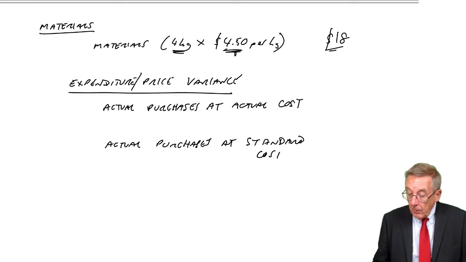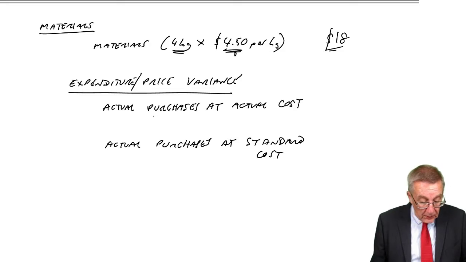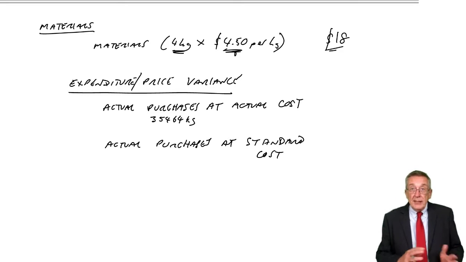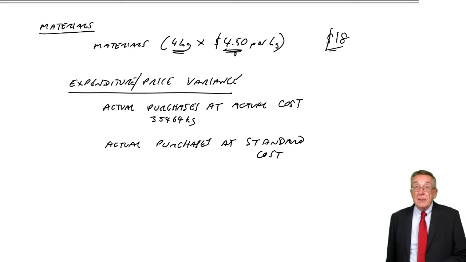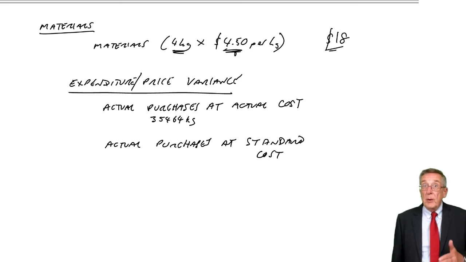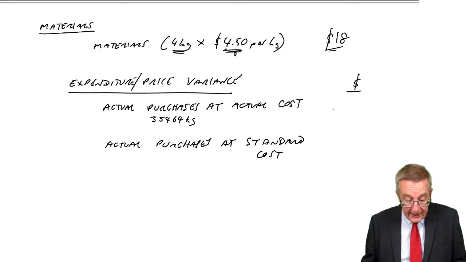Now let me show you what I mean. How many kilos did we actually buy? If you look at the actual information, it says that we bought 35,464 kilos. Whether we bought too much or too little, that's what we actually bought, and I'm simply going to compare what we paid with what we should have paid. How much did we pay? It's given us the total here: $163,455.